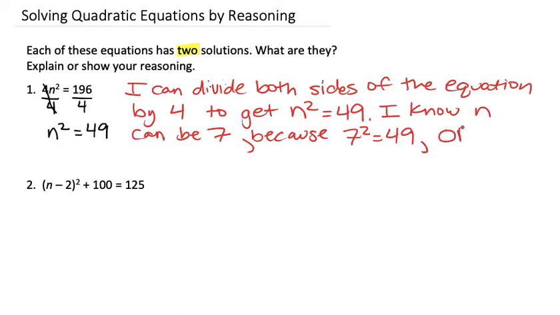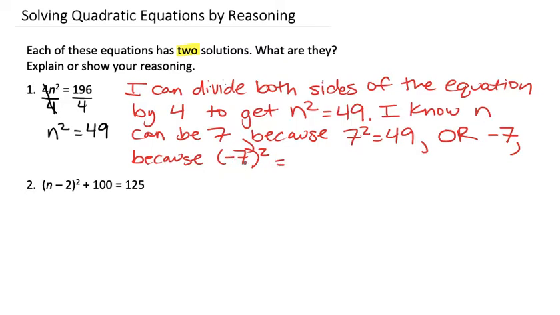Or, remember there's two solutions. The other solution is negative 7, because when you square negative 7, you also get positive 49, because it's negative 7 times negative 7.